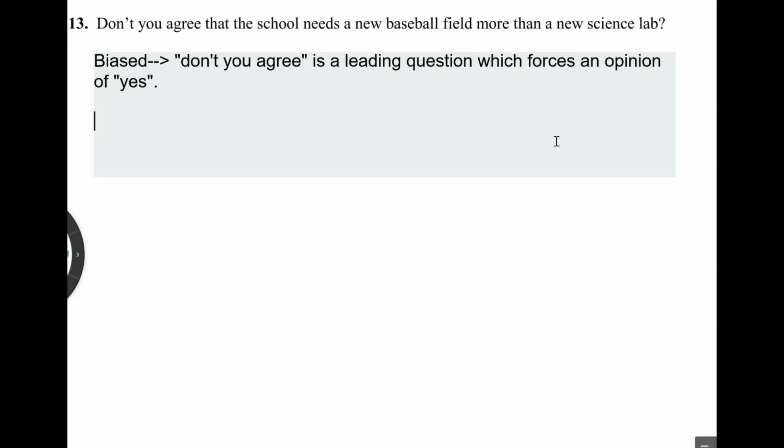Okay, so a better question would be something like, do you feel that the school needs a new baseball field or a new science lab? Not the best, because of course this is limiting, right? We're only given the two options. But if the school's deciding between the two, then it's okay.